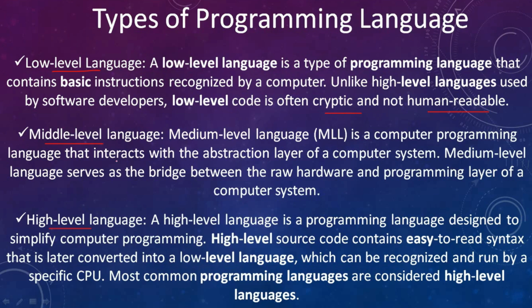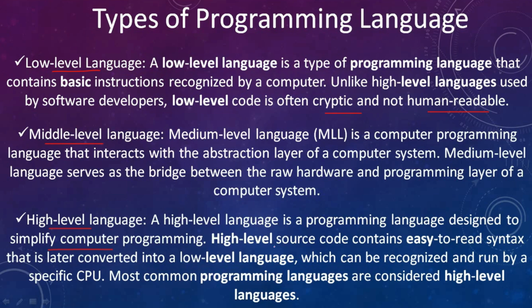Now before going to middle level language, let's learn high level language first, because if we learn this first, then it will be very easy to understand the middle level language or MLL. Now what is a high level language? A high level language is a programming language designed to be human readable and simplify computer language. So this is its advantage.